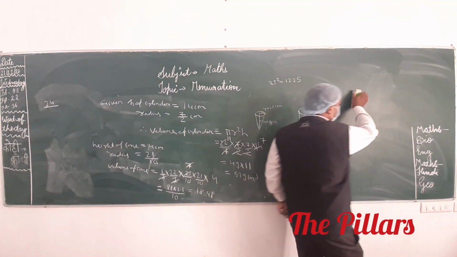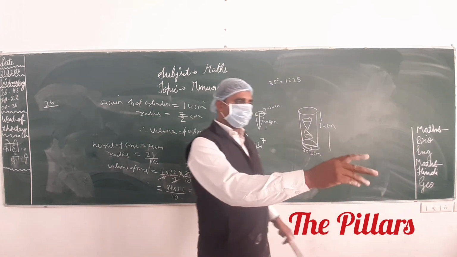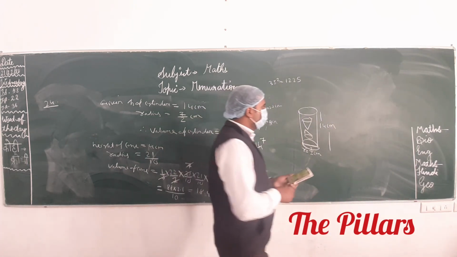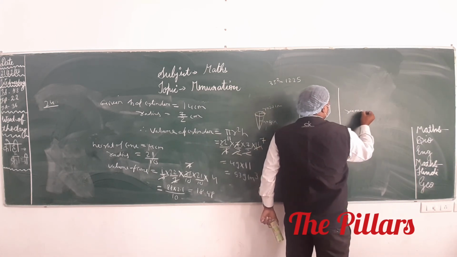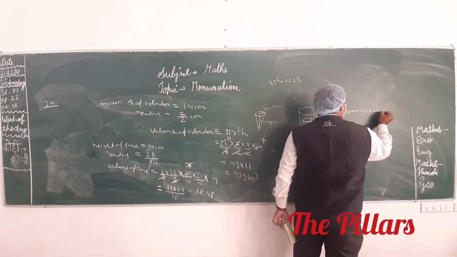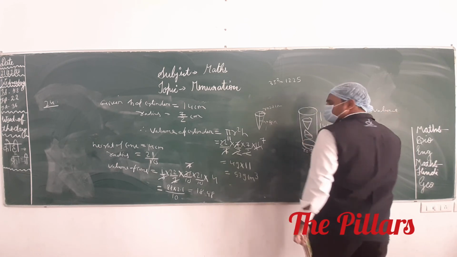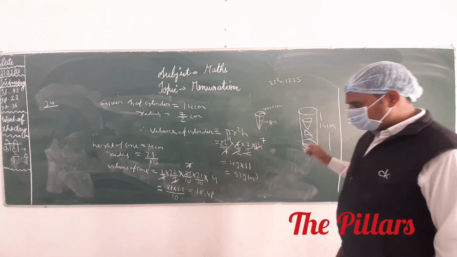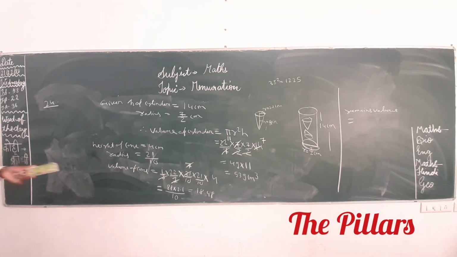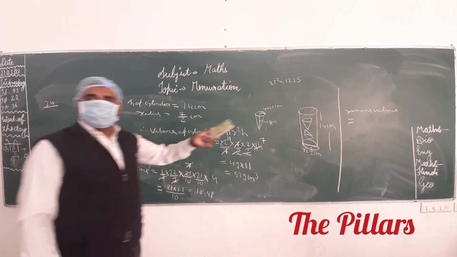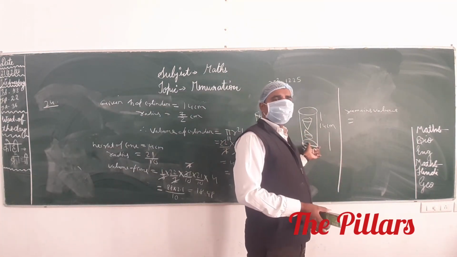Therefore, what have you calculated? The remaining volume. Whenever you calculate the remaining volume, how many cones do we have? 2.